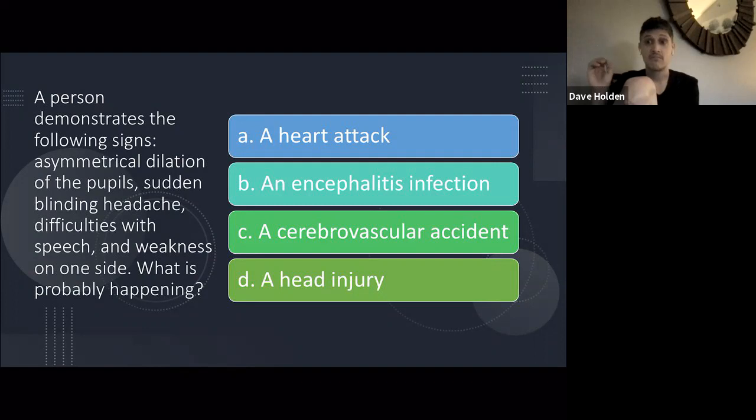I can probably rule out head injury. Asymmetrical dilation of pupils tells you there's a neurological function that's been lost. Keeping the pupils dilating together, there's been some brain damage somehow. Weakness on one side also tells you something's happened to the brain, because one side of the brain controls the other side of the body.